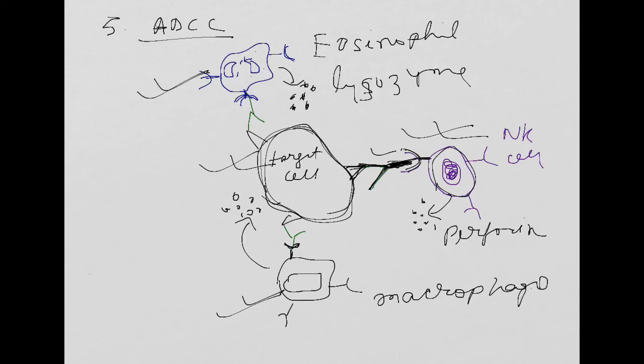Even though the cytotoxic cells are non-specific for this antigen, because cytotoxic cells, we know, are not specific, they have receptors for antibody molecules, and antibodies are ultimately specific for this antigen, so this way they can easily bind to the target cells.